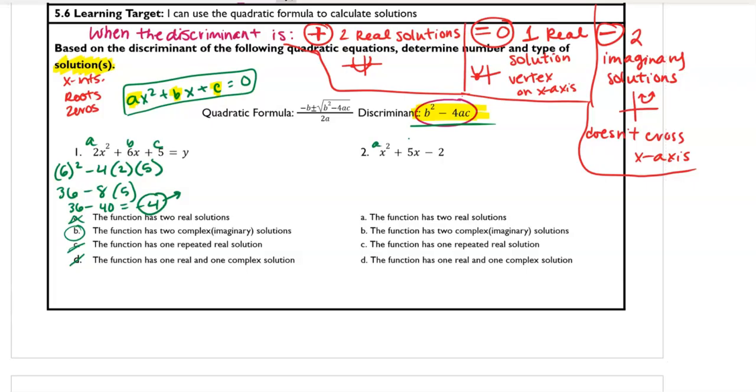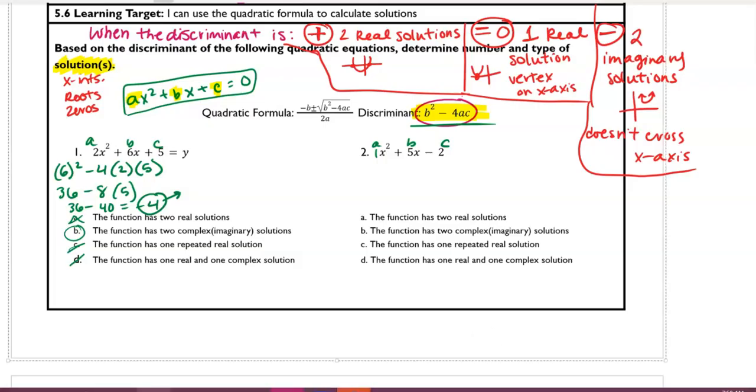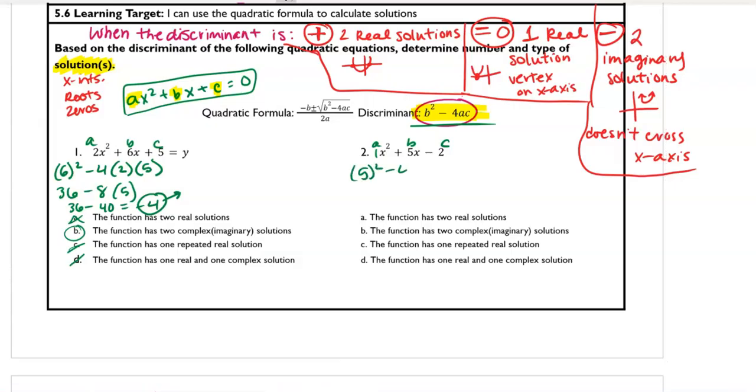We label our A, B, C. A is 1, not 1x squared. A is 1, B is 5, and C is 2. So B squared, 5 squared, minus 4AC. So 5 times 5 is 25. 4 times 1 is 4. 4 times negative 2, or negative 4 times negative 2 is positive 8.